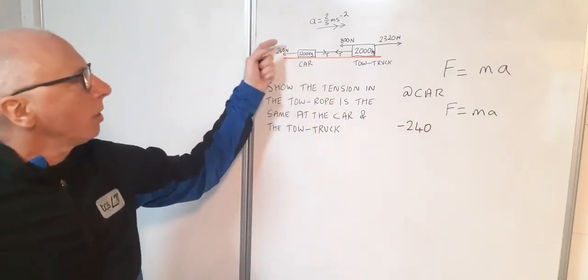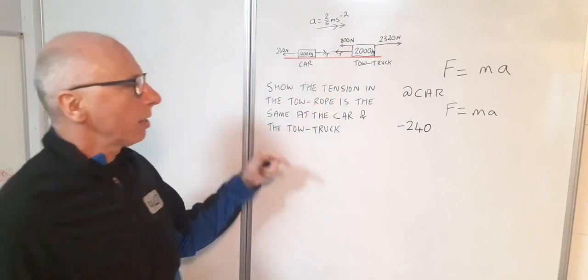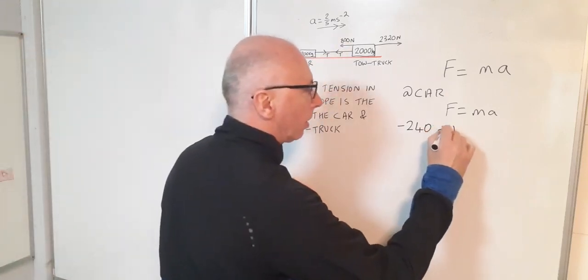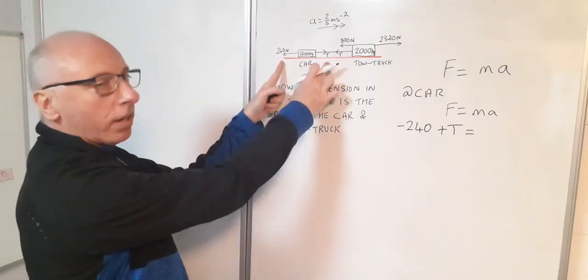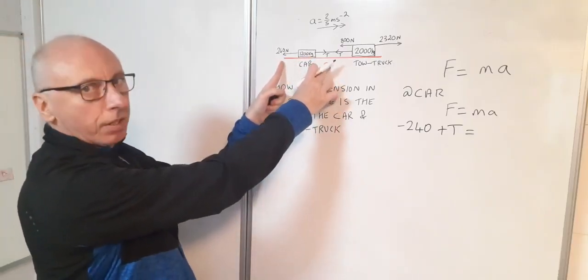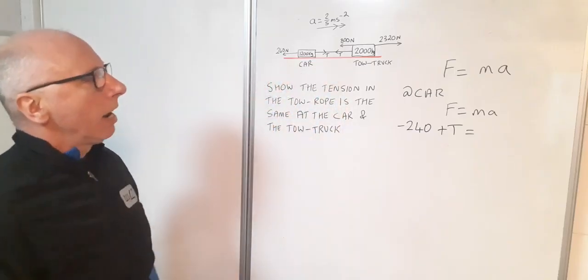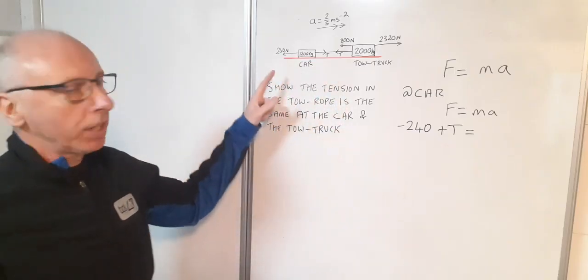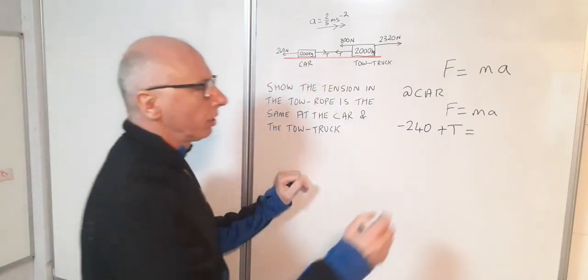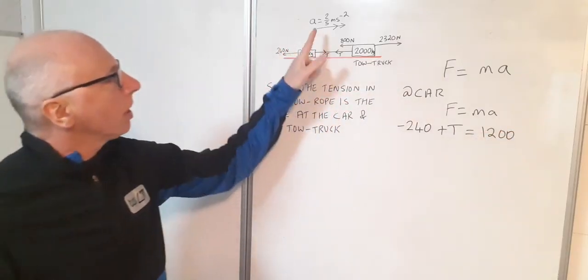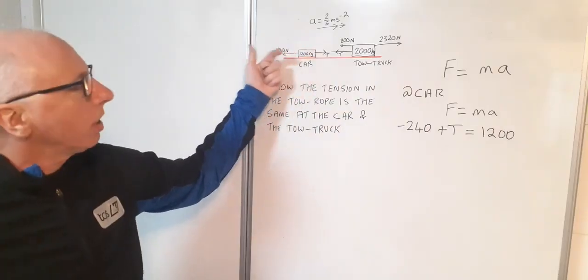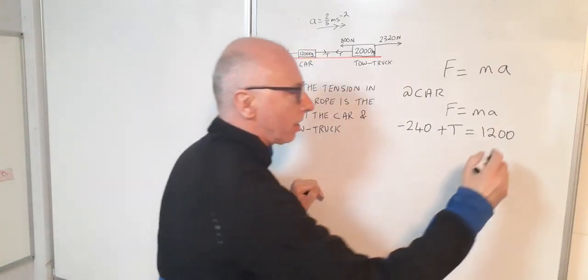And tension is going with the direction of travel, so that's a plus T. And there's no other forces acting on the car at that particular part of our diagram. And we set that to mass times acceleration. Well, the mass is 1,200 and acceleration is 2/5, and it's positive as the thing is accelerating, not decelerating.